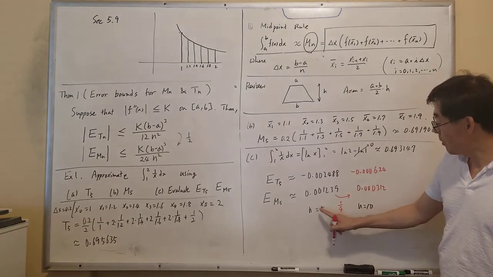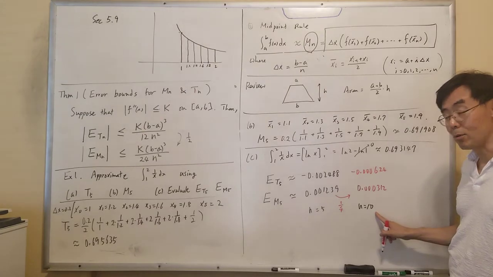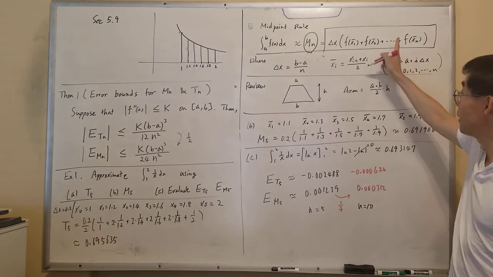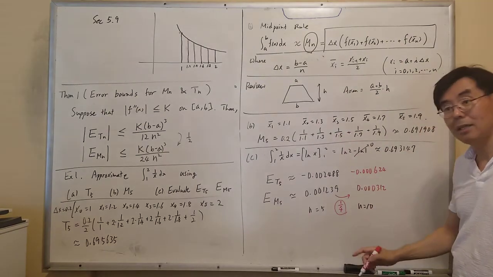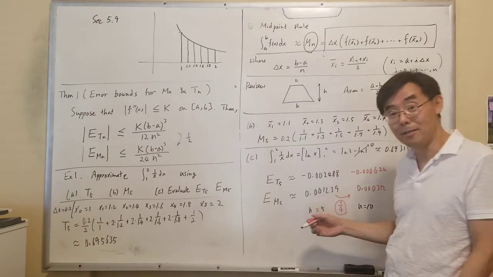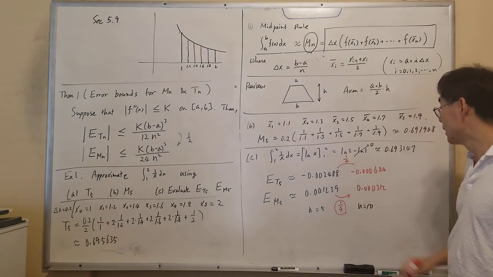When the number of intervals increases by 2, the number of calculations will be increased by 2. With twice the effort, your error will be 1/4. So it is a good deal, right? Same thing, 1/4.